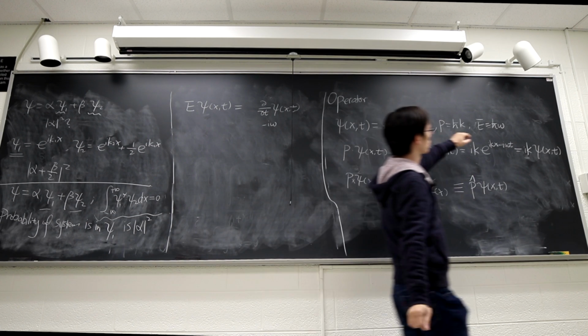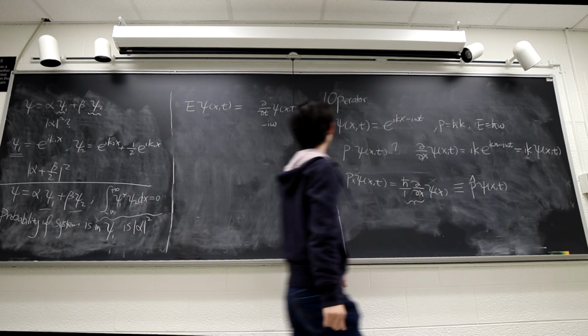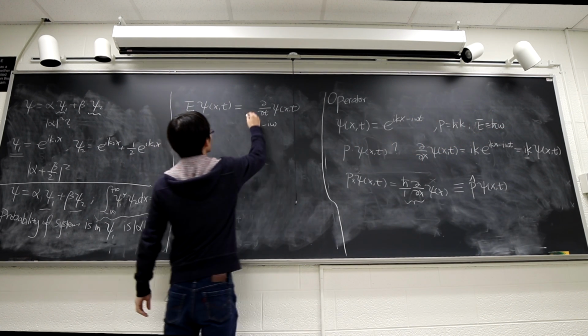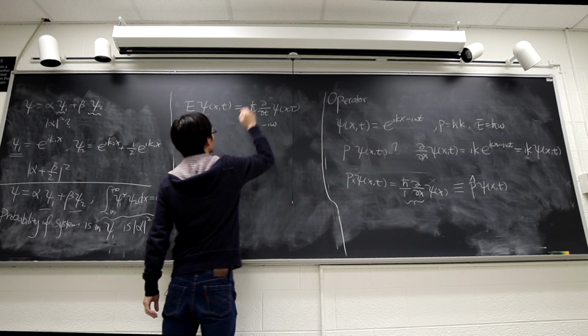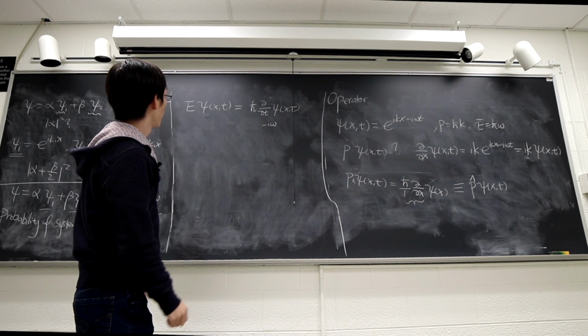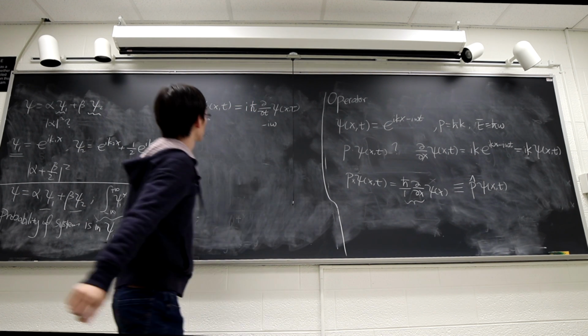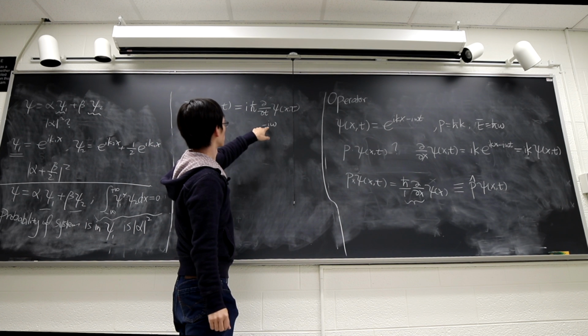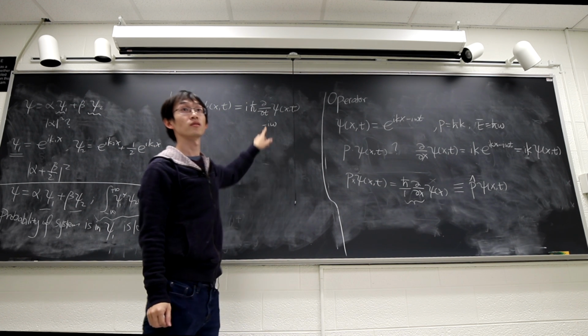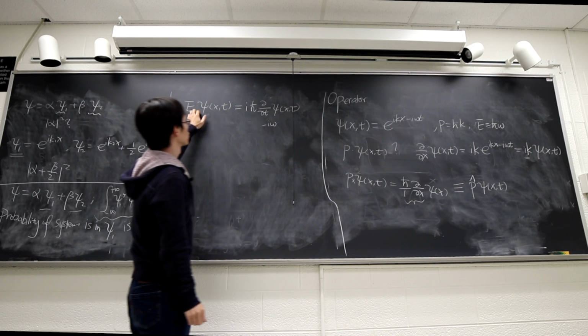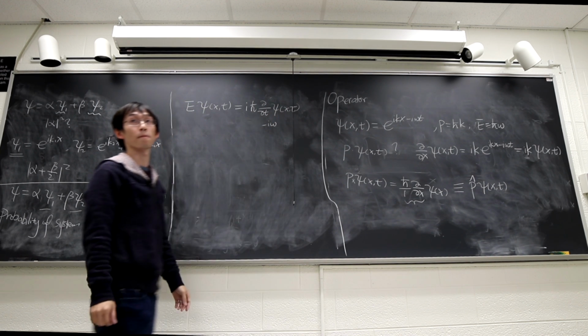But the energy is h bar omega. So you have h bar here, and then I think you need another i, right? i times i equals minus 1, okay? So this gives you the energy.